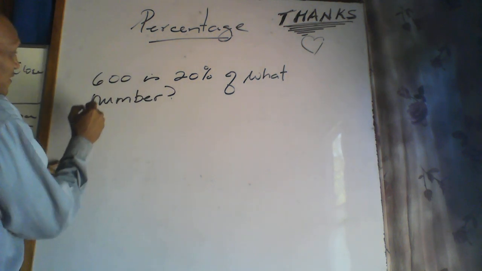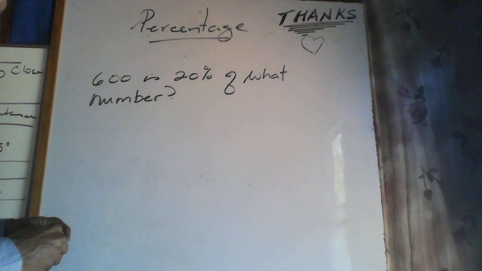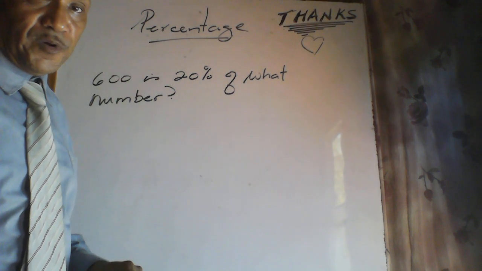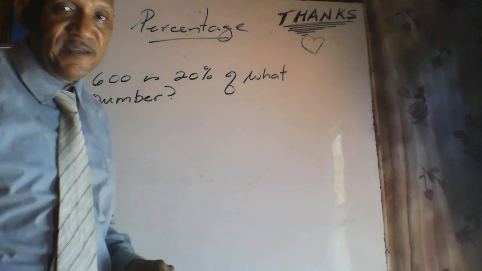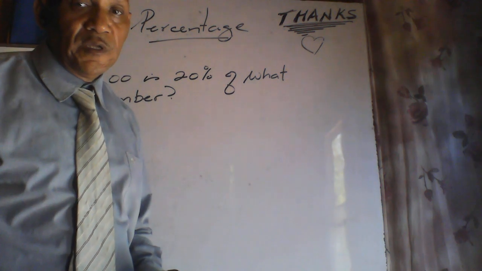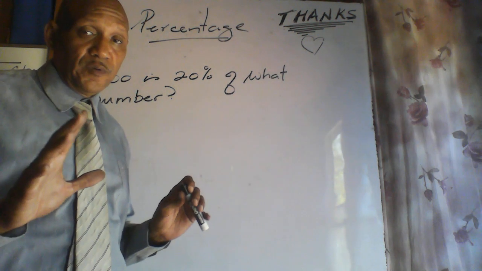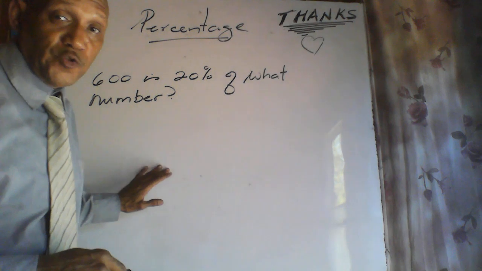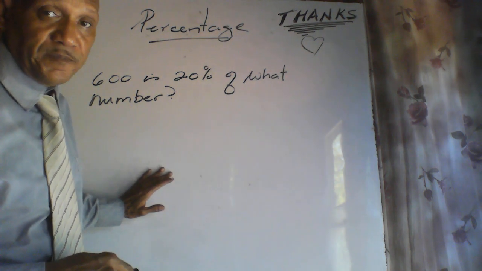The question here is: 600 is 20% of what number? 600 is 20% of what number? Threw you for a loop. The first thing I want to do is put my proportional setup.